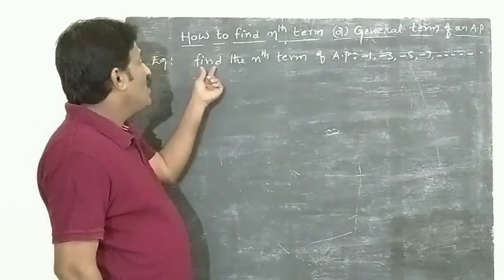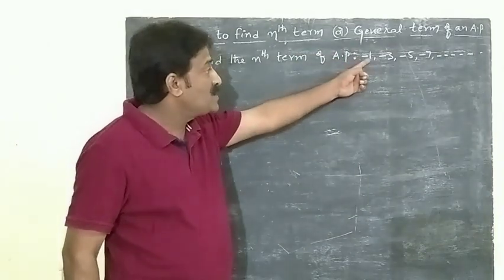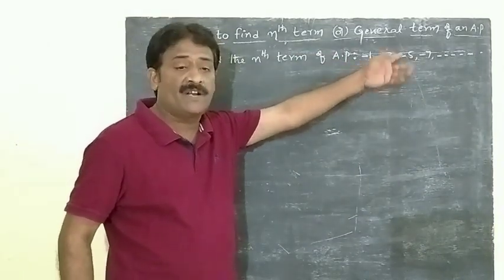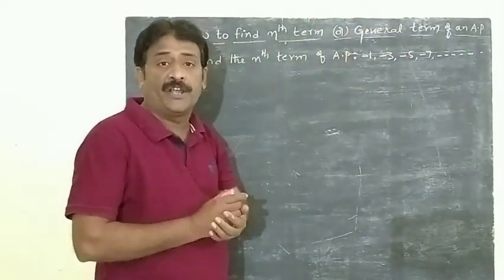Taking an example, find the nth term of the AP. The AP is given: -1, -3, -5, -7 and so on. The list of numbers is already in AP.